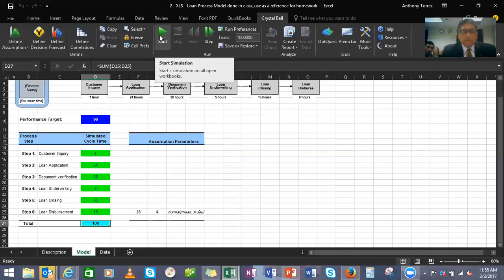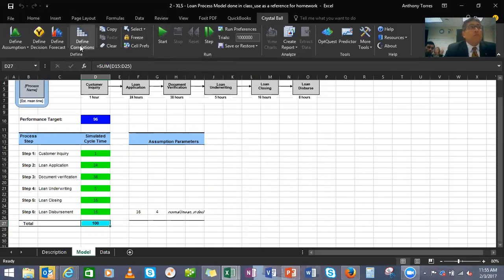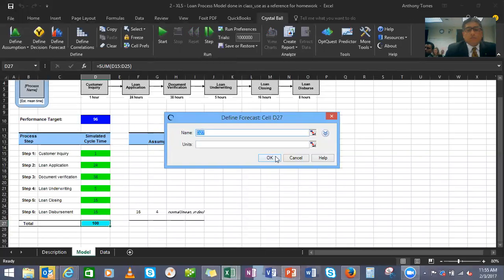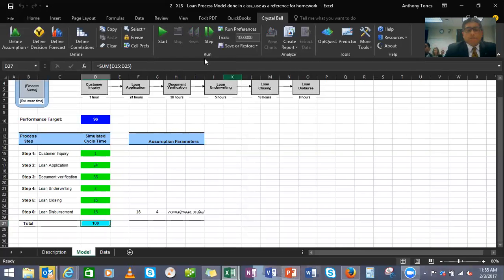Can you do that forecast again? Sure. So I was saying you start with the forecast, and that's just clicking on the cell that's your final calculation you care about, and define forecast. So we've only used define forecast and define assumptions. That's all we've used on this. And then it's up to you to use a sufficient number of trials.